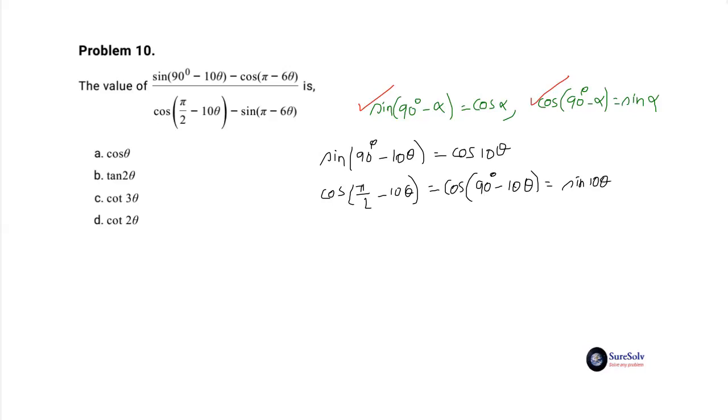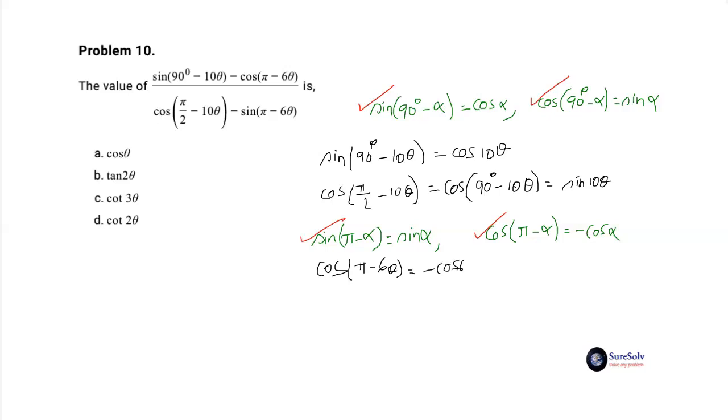In contrast, for the second term in the numerator and the denominator, you need to apply supplementary angle relations. Sin pi minus alpha equal to sin alpha and cos pi minus alpha equal to minus cos alpha. So, cos pi minus 6 theta equal to minus cos 6 theta and sin pi minus 6 theta equal to sin 6 theta.